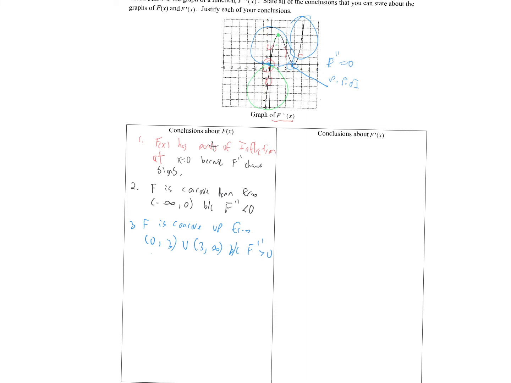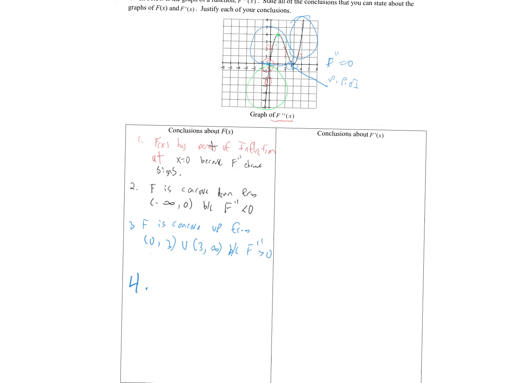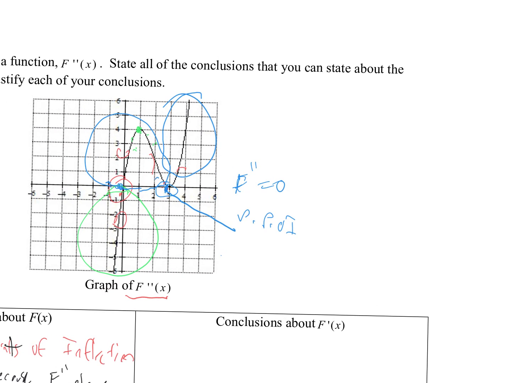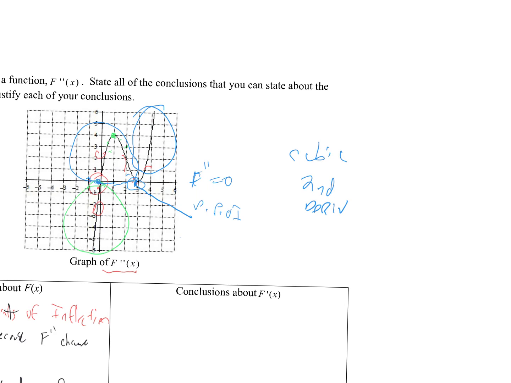Well, I think I could talk about one more thing. I could have said this on the other problem too. What am I looking at? It's a second derivative, right? And it's a cubic. What would the function have been in order to get to be a cubic after two iterations of derivatives?